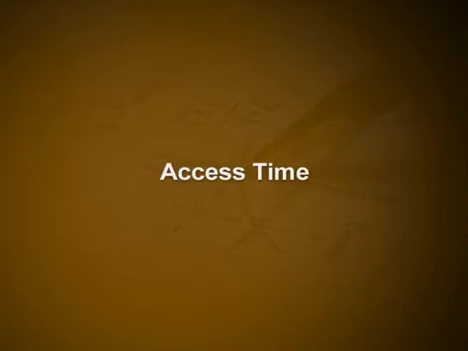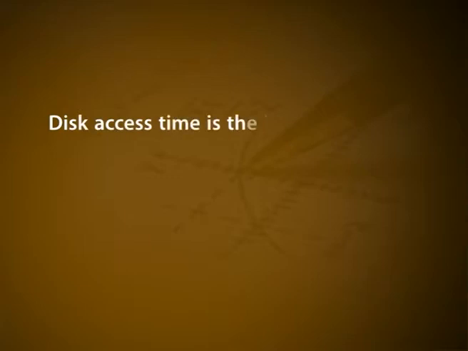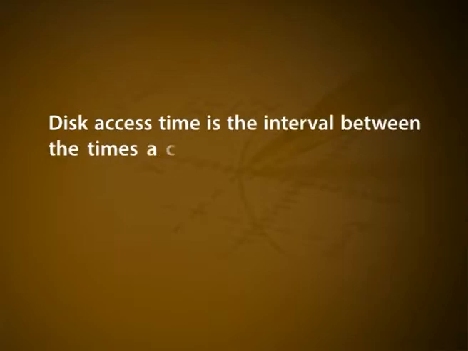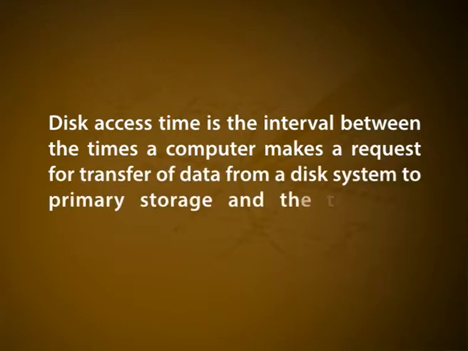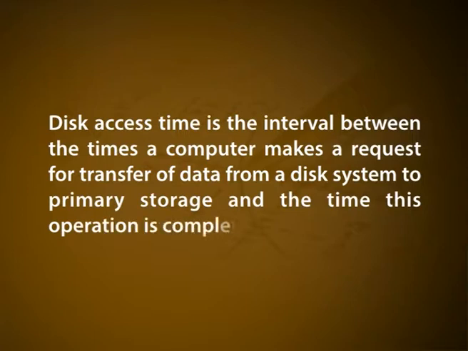Access time. Disk access time is the interval between the time a computer makes a request for a transfer of data from a disk system to primary storage and the time this operation is completed. This access time depends on the following three parameters.